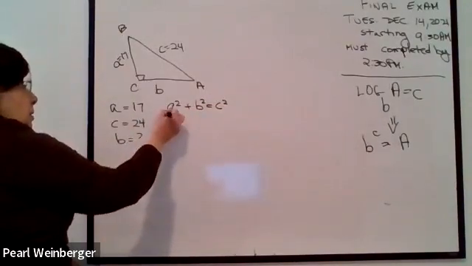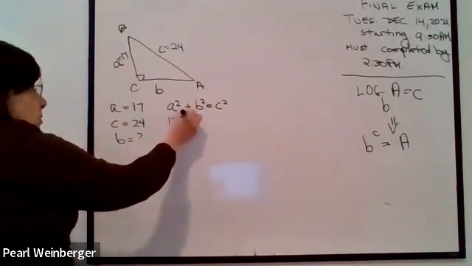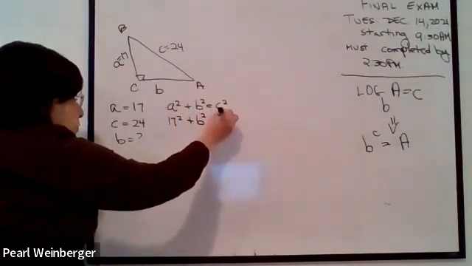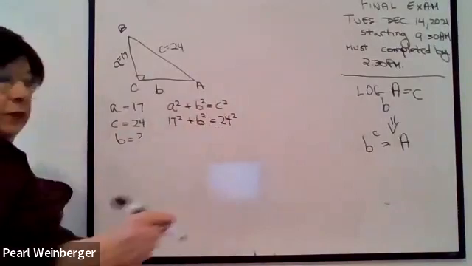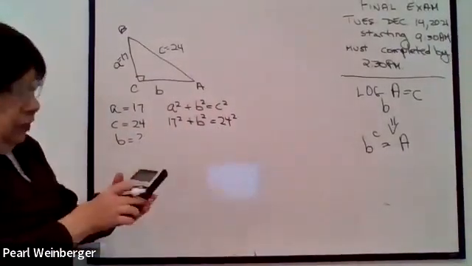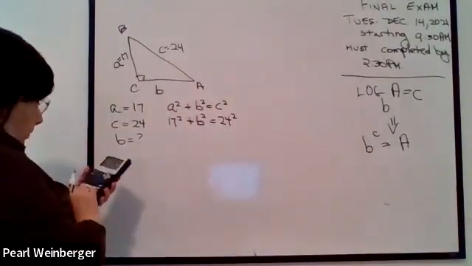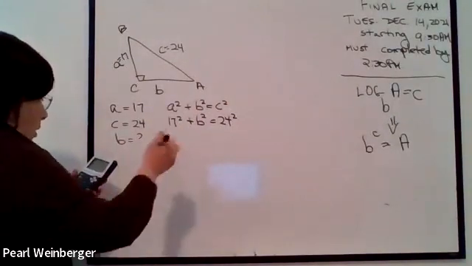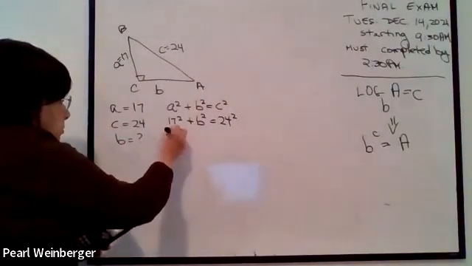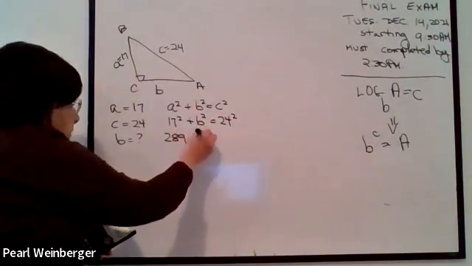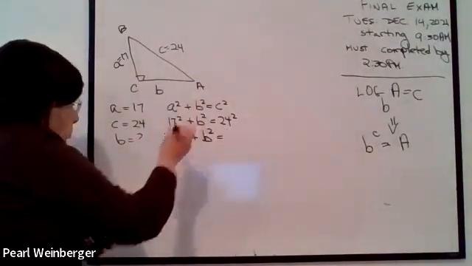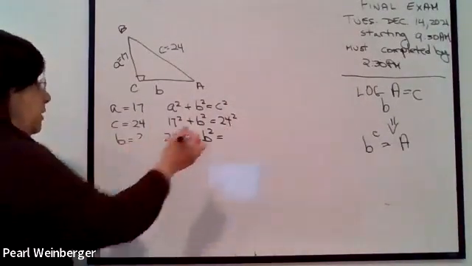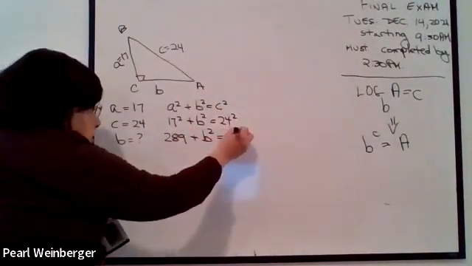So sticking in the numbers, 17 squared plus B squared equals 24 squared. I'm going to use my calculator to figure this out. 17 squared is 289. And B squared, we don't know, and 24 squared is 576.